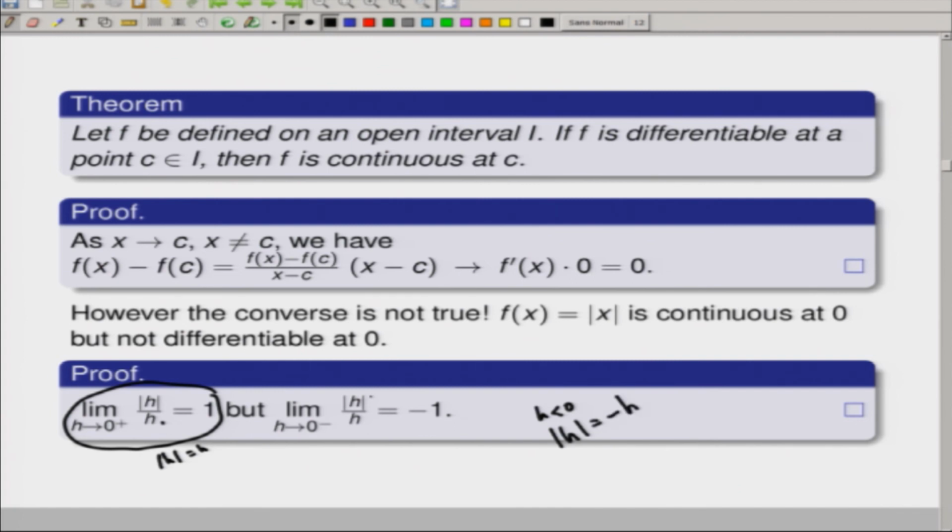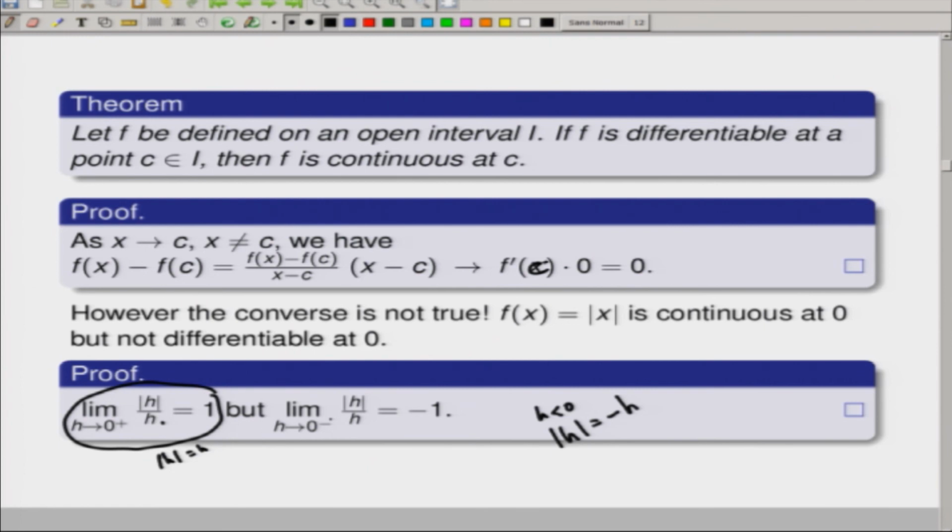So, this is equal to minus h divided by h, which is minus 1. Therefore, the left hand limit is not equal to the right hand limit. Therefore, the limit does not exist. Hence, f of x equal to mod x is not differentiable.